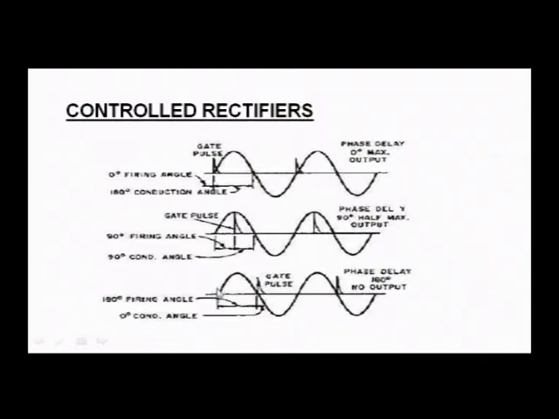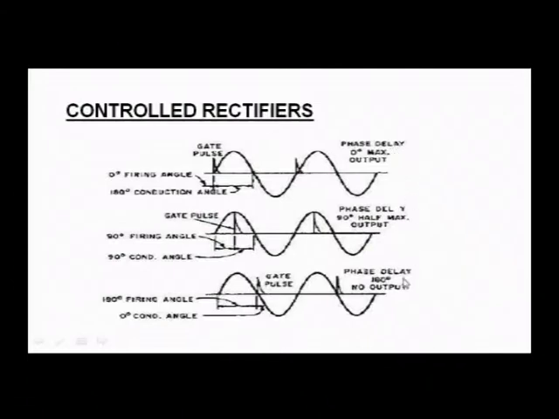That means the SCR is reverse biased and it does not conduct at all. So, there is no conduction or no output. This way I can vary the output from maximum to 0.